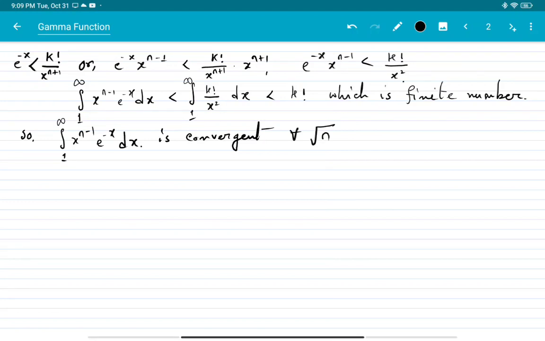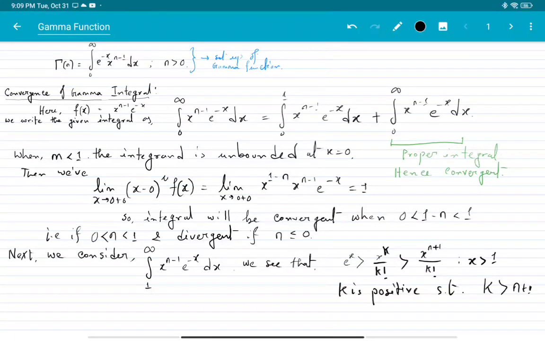So you can verify this. Hence in the previous part, this integral is convergent, and this integral is convergent if n is positive. Hence the total given integral is convergent when n is positive.